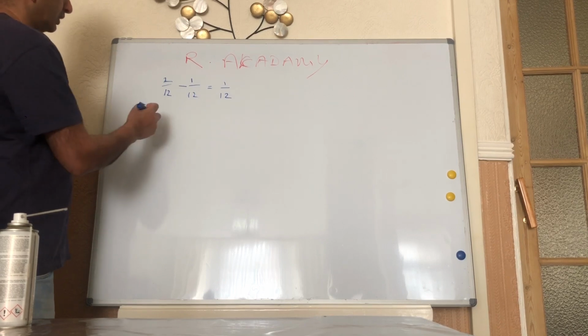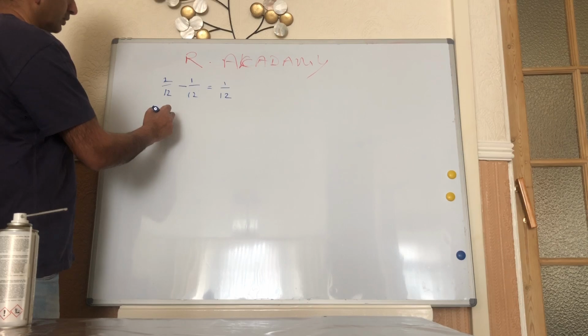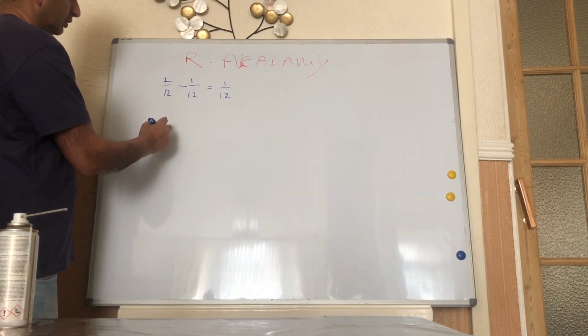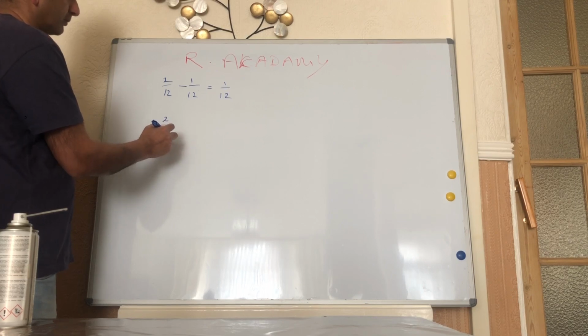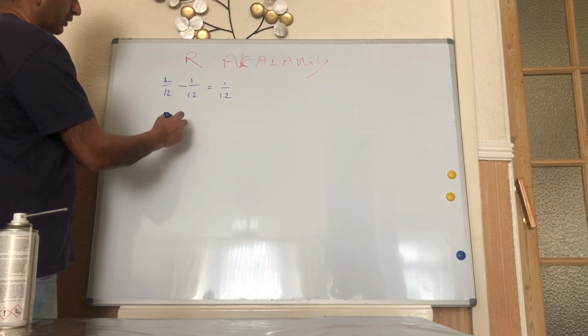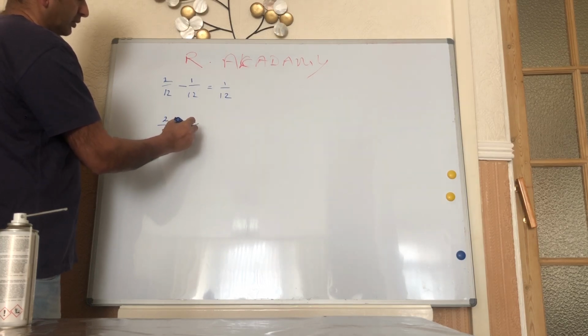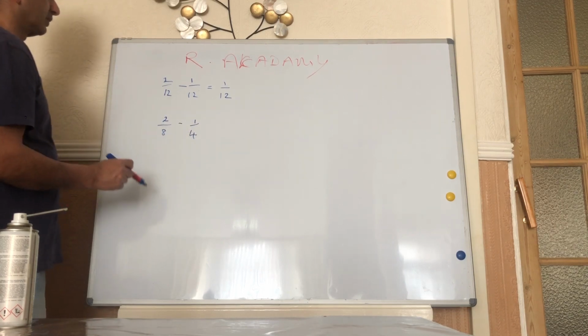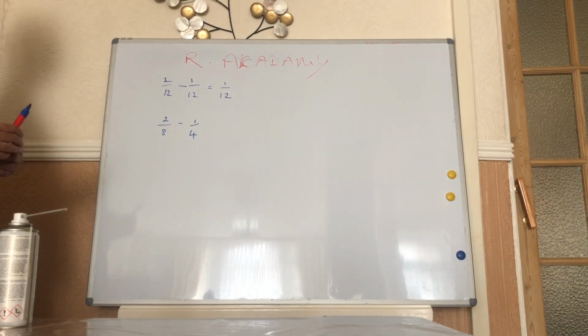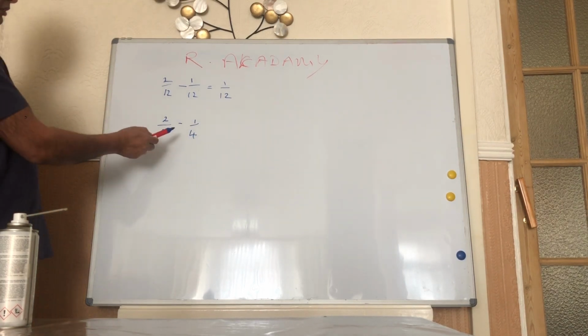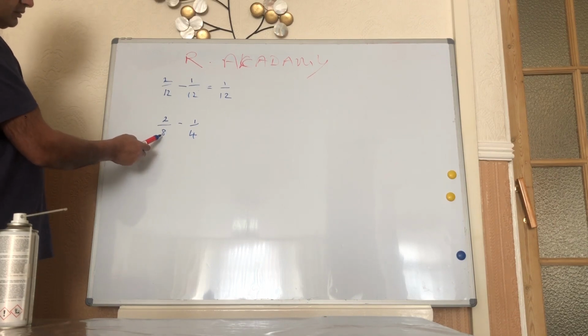But what are you going to do if you've got 2/8 minus 1/4? Now if you look at that, you've got an 8 there, and you've got a 4 there.